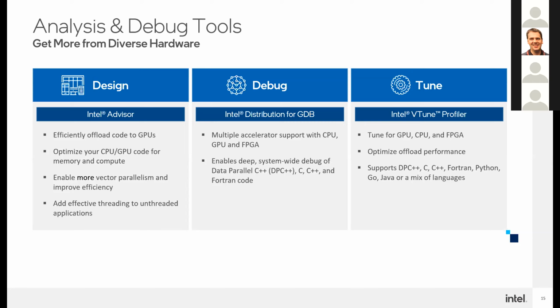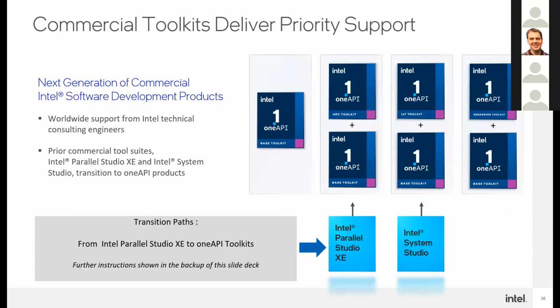And it supports the languages which we are offering, or the languages which are on the market. So DPC++, our C++ extension, C, C++, Fortran, Python, Go, Java, and others, since it's inspecting the source code. Intel is offering oneAPI commercial toolkits, which come with priority support.